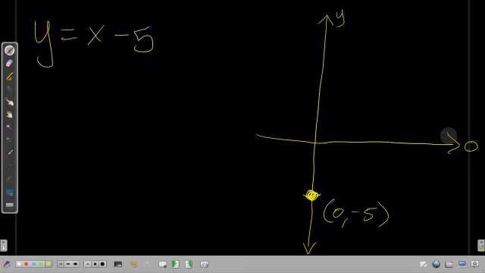It's 0 in the x direction, and it's -5 in the y direction. So it's the ordered pair 0, -5. And my line is right here.